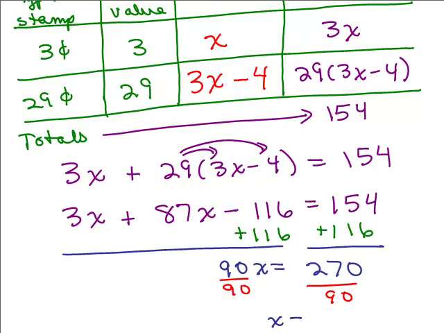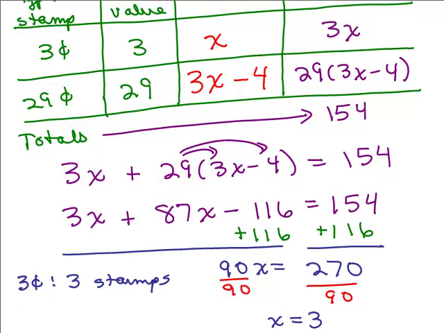Now remember, if you're talking about how many stamps you have, it can't come out to a fraction. If it comes out to a fraction, either you made a mistake or they gave you a bogus problem that had no solution. They've got to come out to be an integer. You also can't have a negative number of stamps. So if X is 3, X stands for the number of 3-cent stamps. So for the 3-cent stamps, I've got 3 stamps.